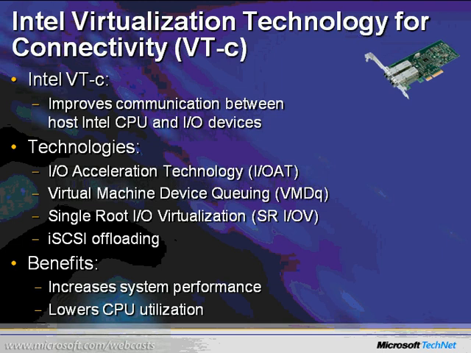In addition to I/O acceleration technology, as we said, VTC encompasses some other more advanced hardware technologies that are not supported directly by Hyper-V today, but are certainly future goals from a support standpoint.